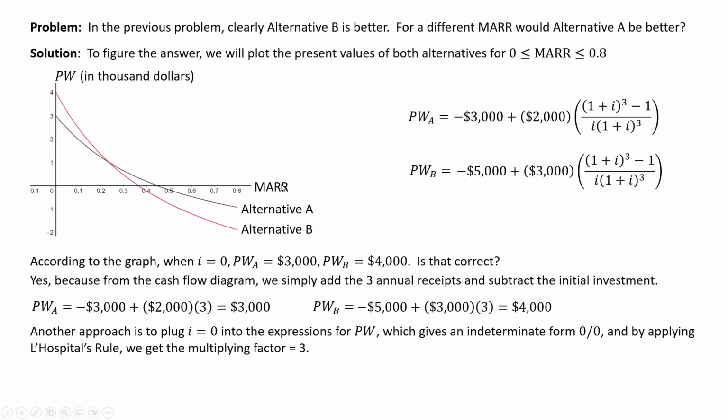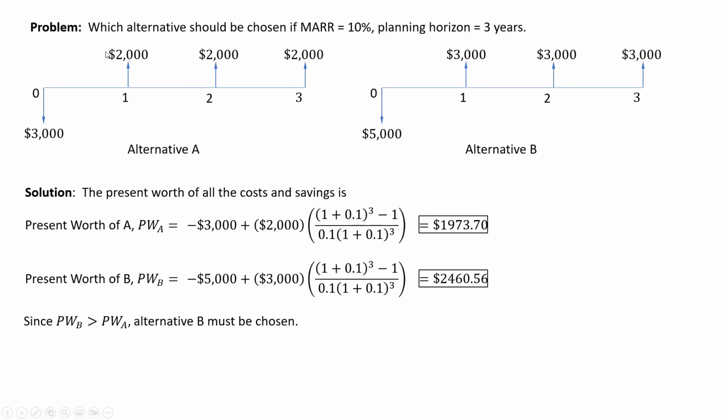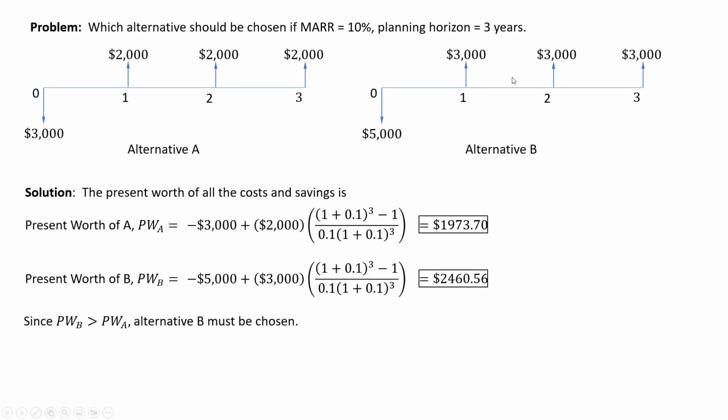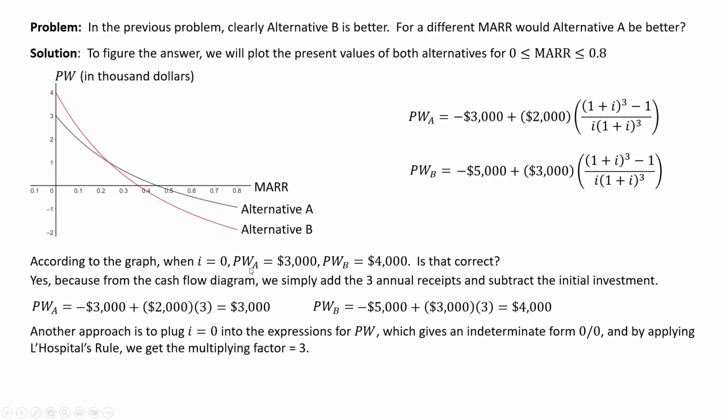When the interest is 0, all you do is 3 times 2000 because there are 3 equal payments. Similarly, the other one also will give you a factor of 3, so 3000 times 3. That's the point I'm trying to make here at the end. This gives an indeterminate form 0 over 0, and by applying L'Hopital's rule, we get the multiplying factor of 3. Okay?